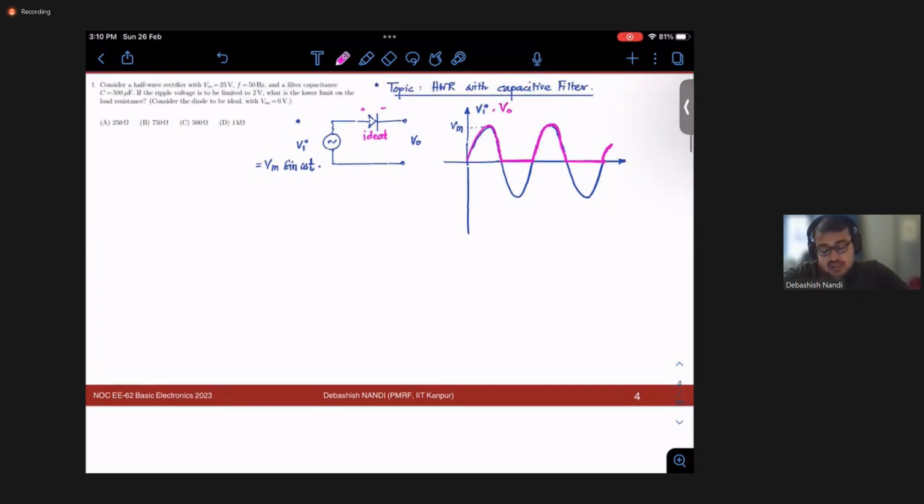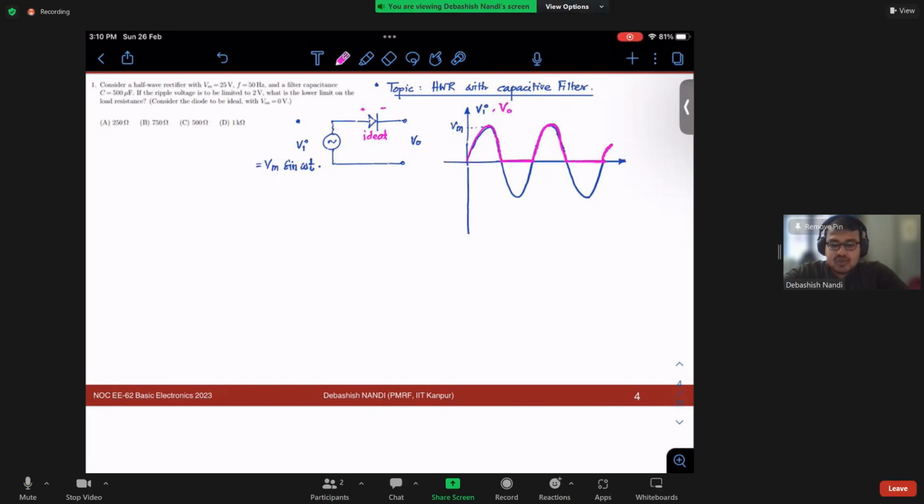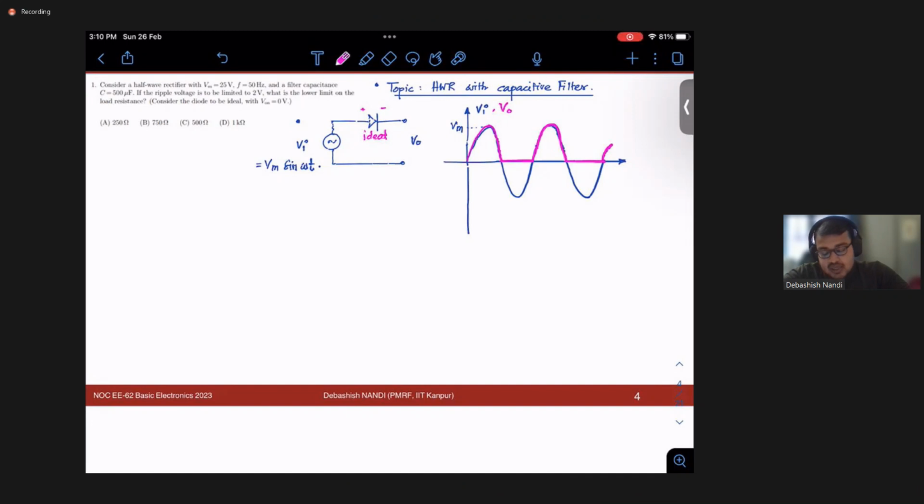Now the purpose of rectifier circuits is that we want to convert the AC signal to a DC signal, and we want to use that DC signal as a supply voltage for some electronic circuits. Now if this Vm, as in the question, is 25 volt, you have a ripple output.